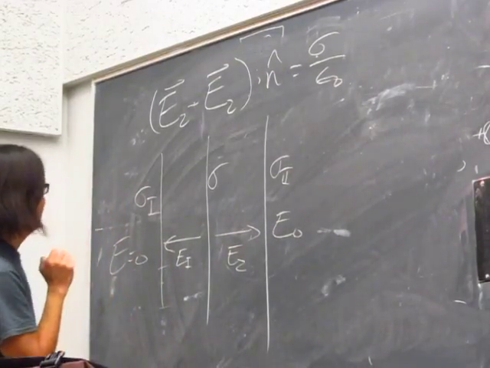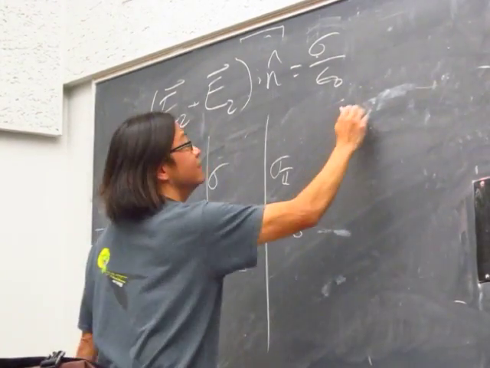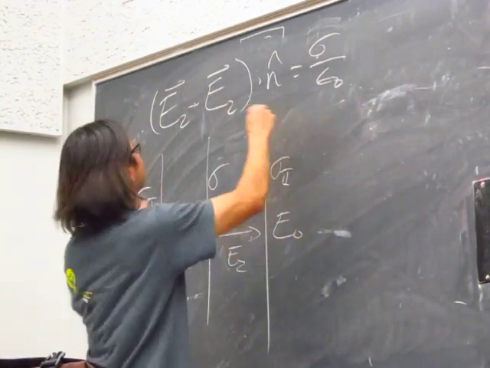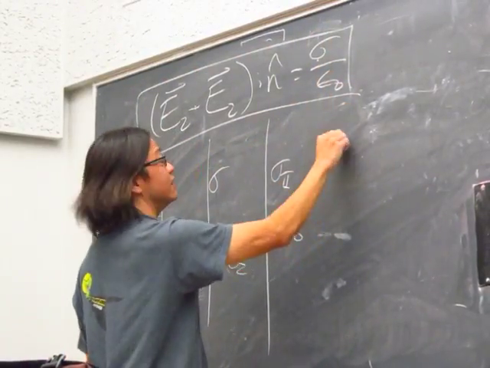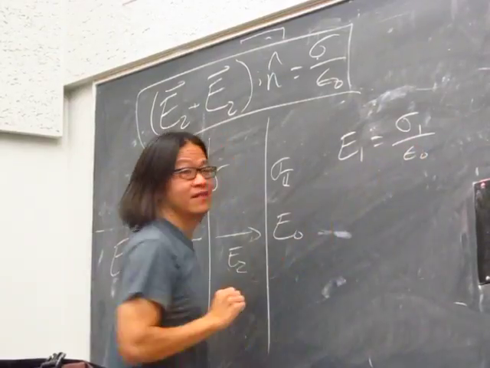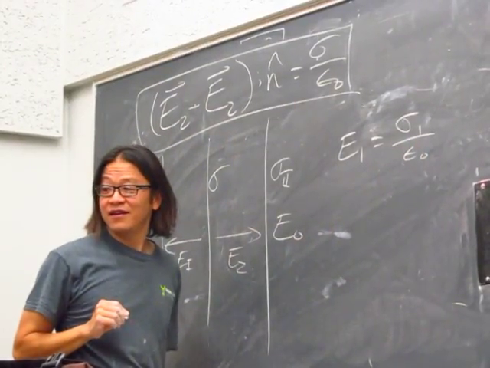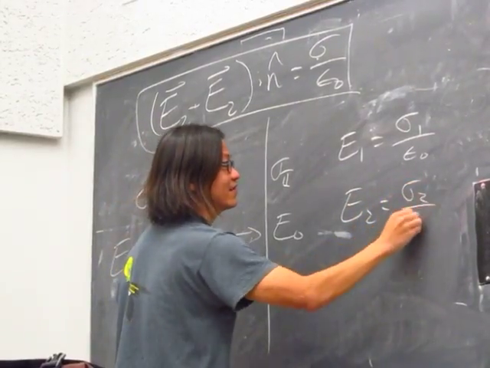Okay? So that means what, just applying this equation here, then E1 is equal to sigma 1 over epsilon naught, right? E2 is sigma 2 over epsilon naught.